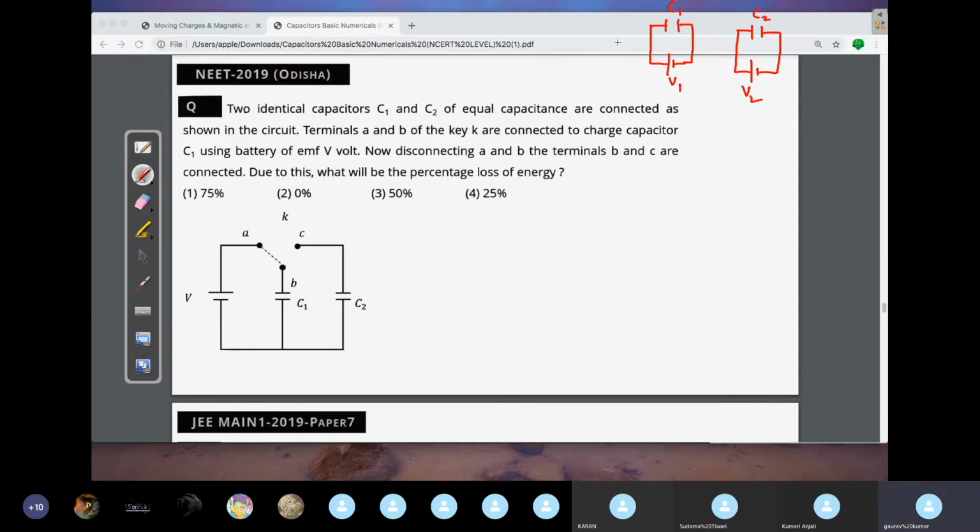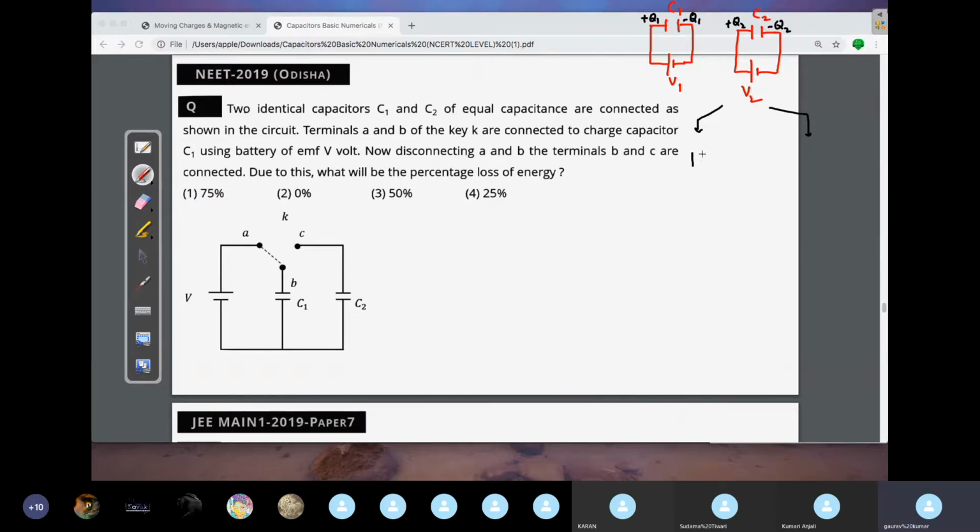So here you will get a charge plus Q1, here you get a charge minus Q1, here you will get a charge plus Q2, here you get a charge minus Q2. C is Q by V, no? So when you disconnect and connect them again, there are two possibilities we discussed.